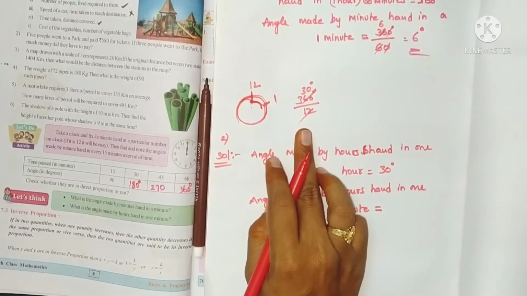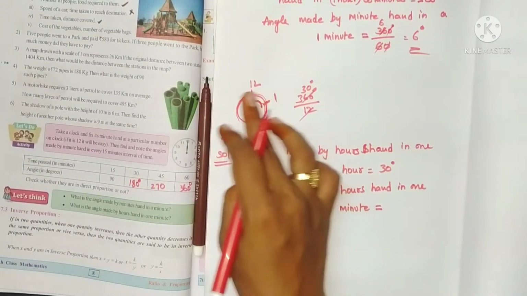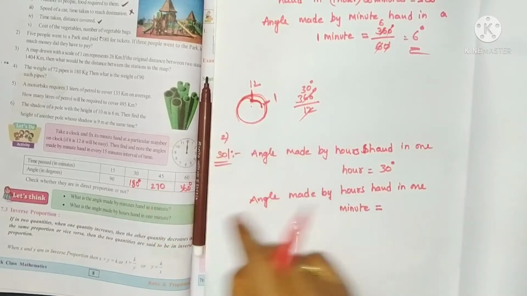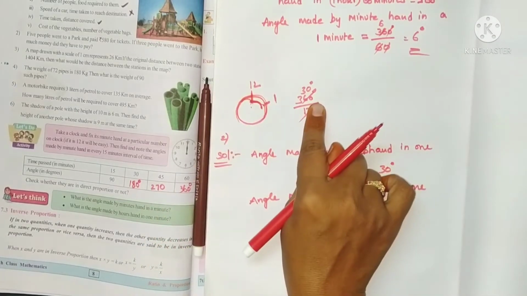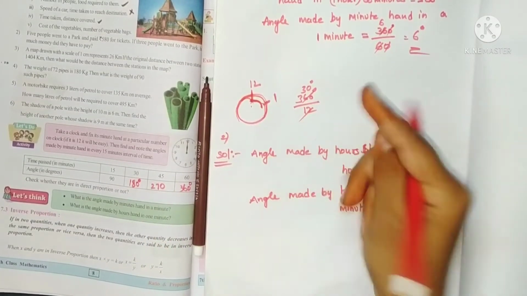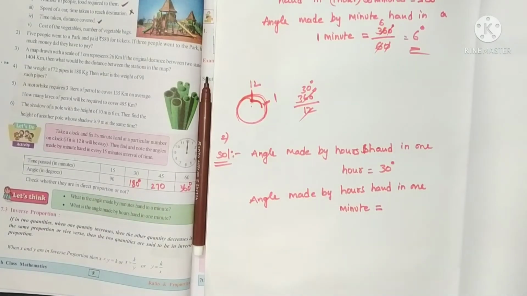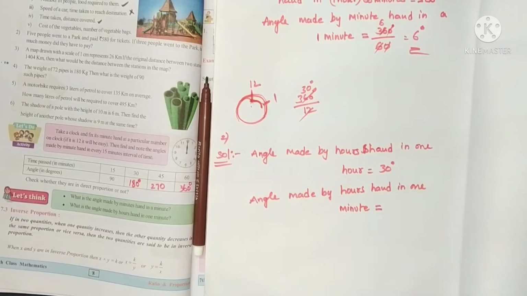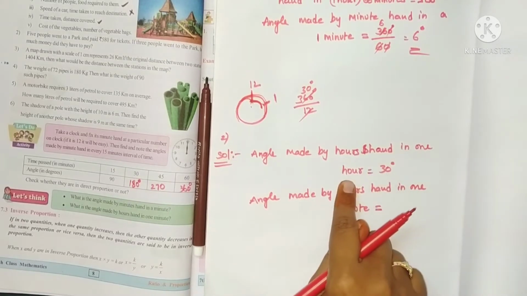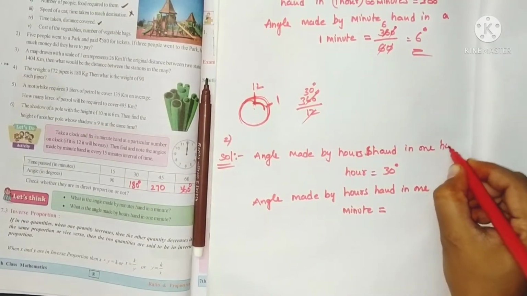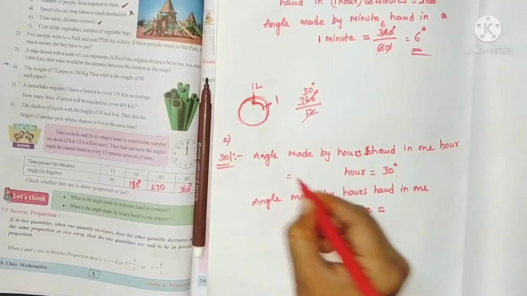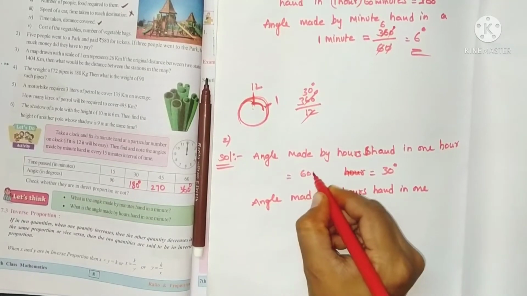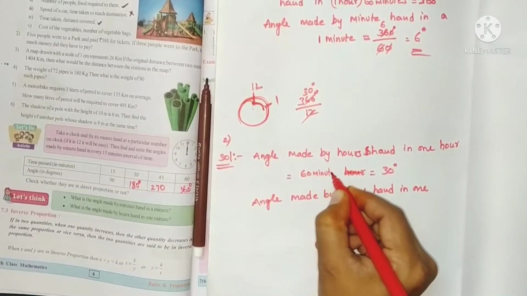I think you understand my point here. In a total of 12 hours, one round in a day, it makes 360 degrees, and in 1 hour it makes 30 degrees. We want to find the angle made by the hour hand in 1 minute. 1 hour is nothing but 60 minutes, right? 1 hour is equal to 60 minutes.